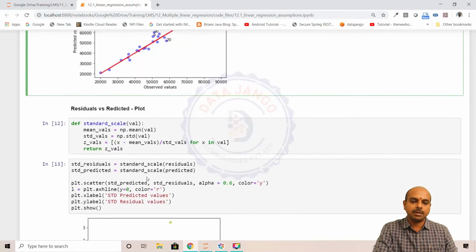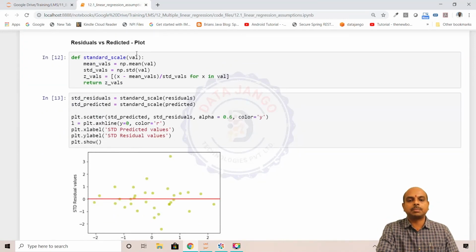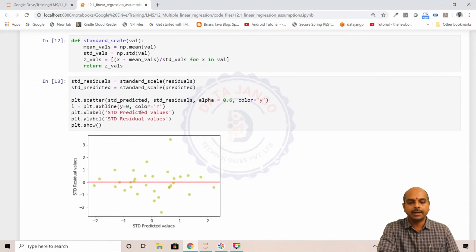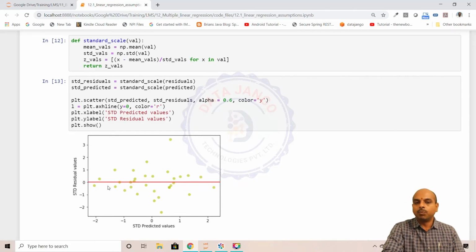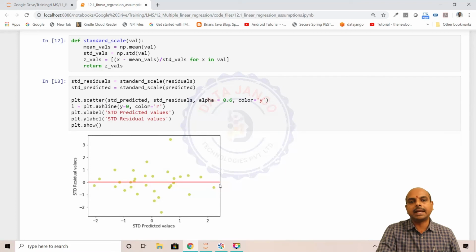with the target variable. And the residuals versus predicted graph for our data is shown like this. When you look at this, most of the dots are within one standard deviation away from 0. On the y-axis we have taken the residuals. If the error is 0 or close to 0, the dot is going to fall on the line. That means most of the dots should fall on the red line if the linear relationship is satisfied.